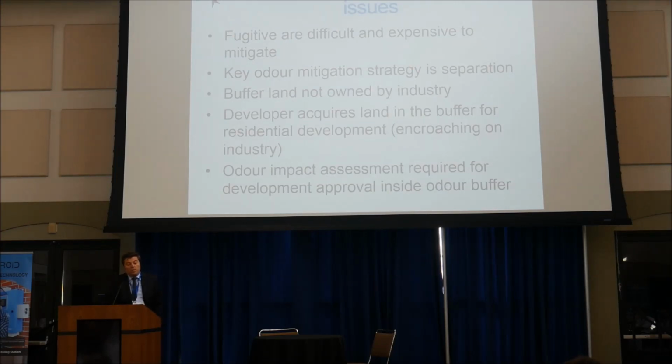Some of the issues with reverse amenity assessments around large fugitive emission sources such as composting plants and poultry farms is that they're usually spatially and time varying in their emission profiles. This makes it difficult to understand the emissions.